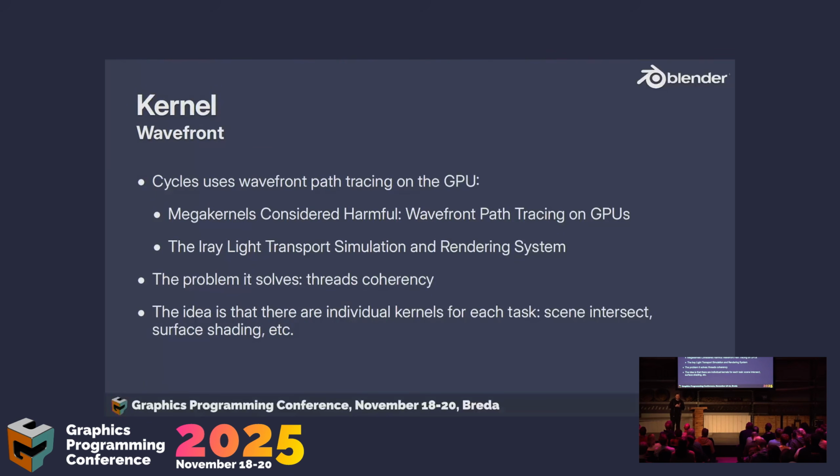An alternative approach is what is called the wavefront approach, and we implemented a wavefront approach in Cycles based on a couple of papers. One of them is Megakernels Considered Harmful, and the other is the Ray Light Transport paper.